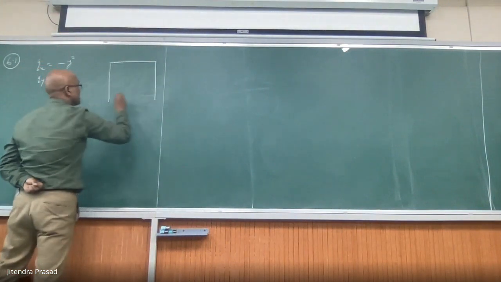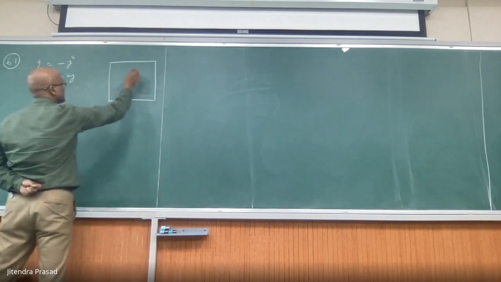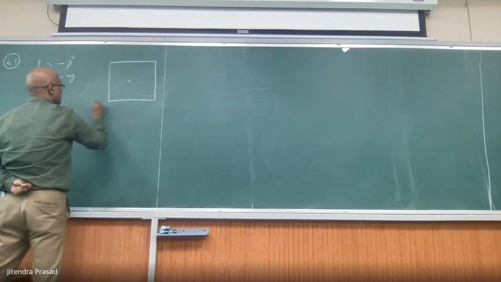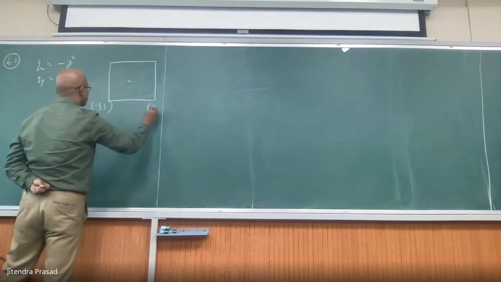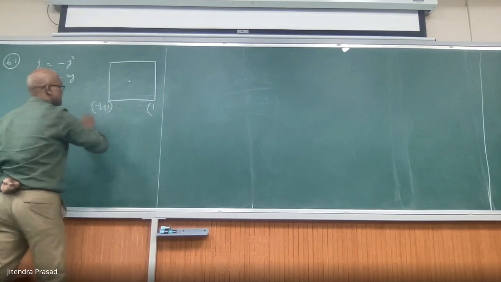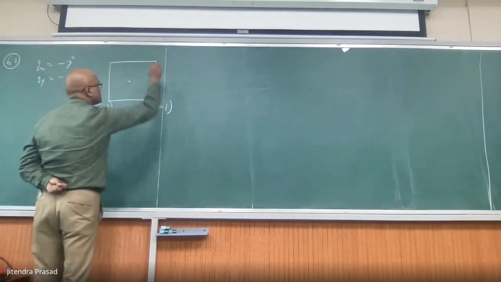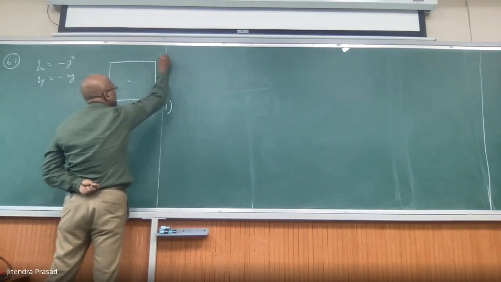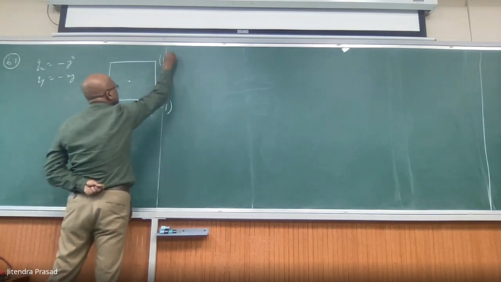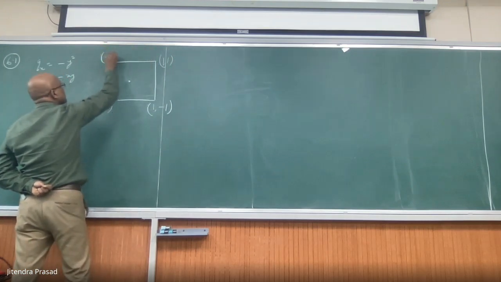If you look at figure 6.2, this is the domain, where this corner is minus 1, minus 1, this is 1, minus 1, here it is 1, 1, and here it is minus 1, 1.